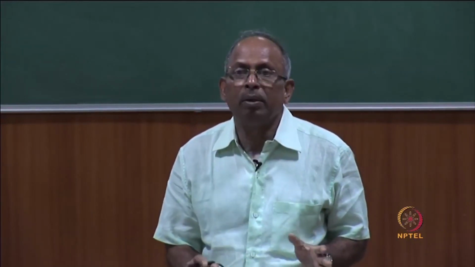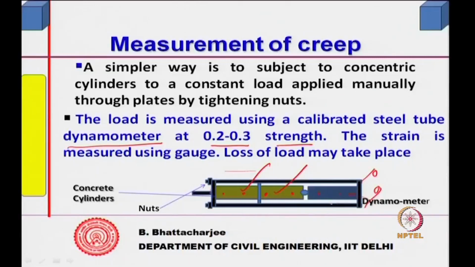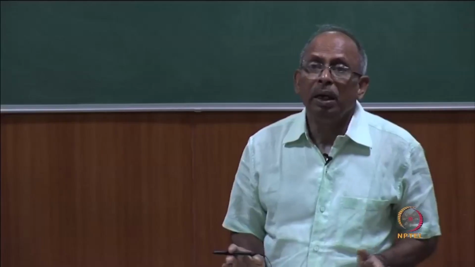The gauge is pre-calibrated, so if you know its deformation, from that you can find out what the stress will be. Because the deformation is known, the strains in this one you can obtain. The stress level can be found out because the same stress will be transferred throughout. The DEMEC gauges or other kinds of gauges you can apply on the concrete to find out the strain that would occur.